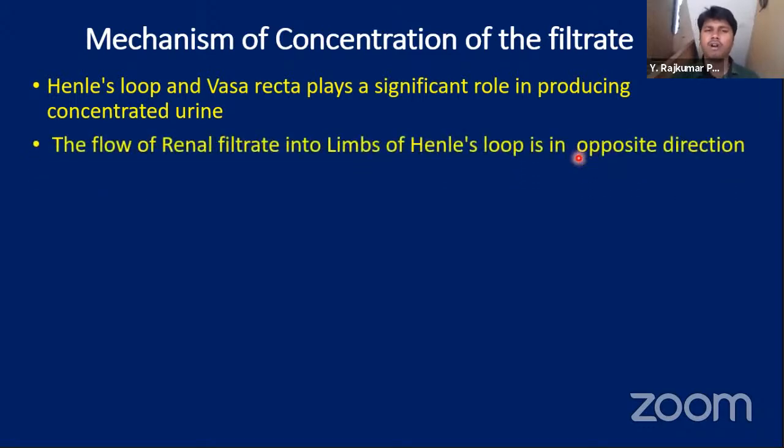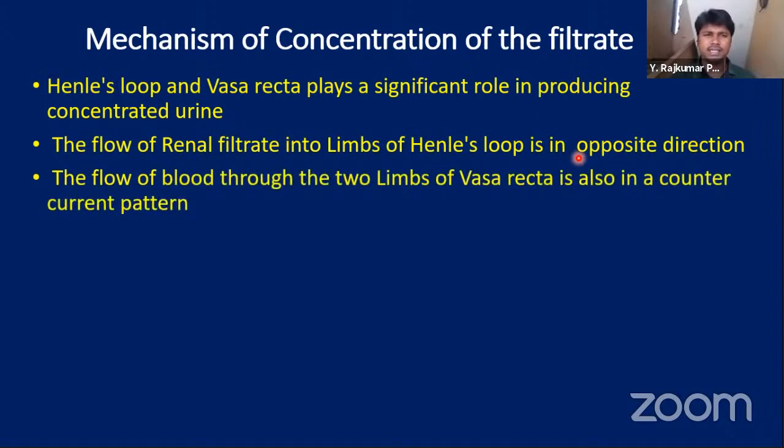Let's see. The flow of renal filtrate into the limbs of the loop of Henle is in the opposite direction, isn't it? The flow of blood through the two limbs of vasa recta is also in the countercurrent pattern. Countercurrent means, as I said, counter means that which is opposite to each other. The current means the flow. So the flow in the vasa recta and the tubule is opposite to each other.